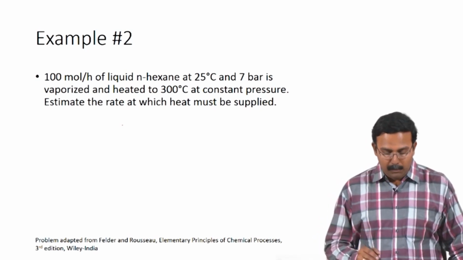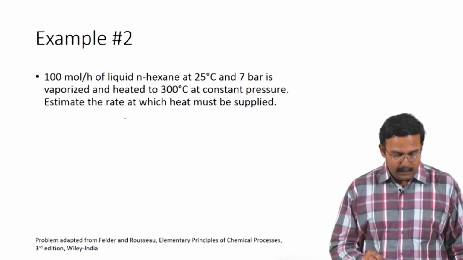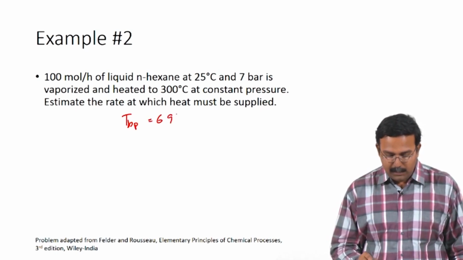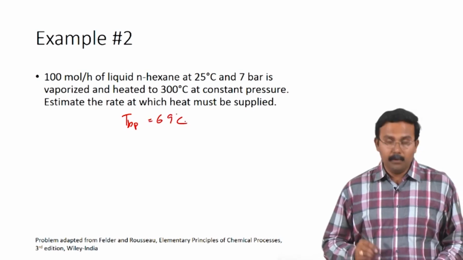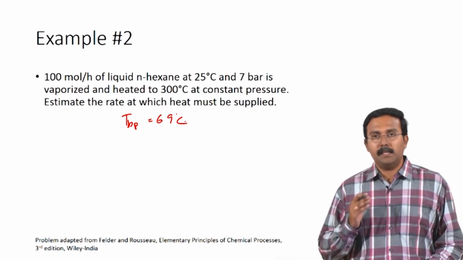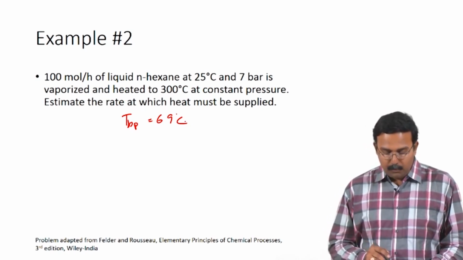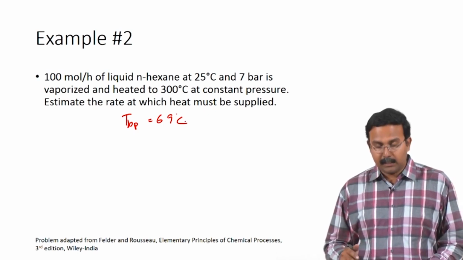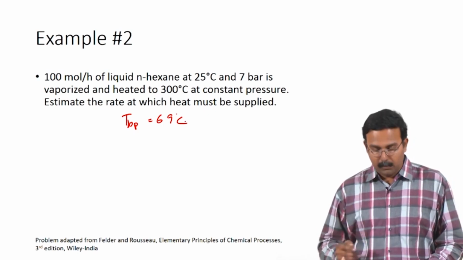So, the normal boiling point for n-hexane is 69 degrees Celsius. So, we would have to assume a hypothetical path where the phase change happens at this normal boiling point. So, the first step is to identify a hypothetical path which can be constructed to perform the calculations.